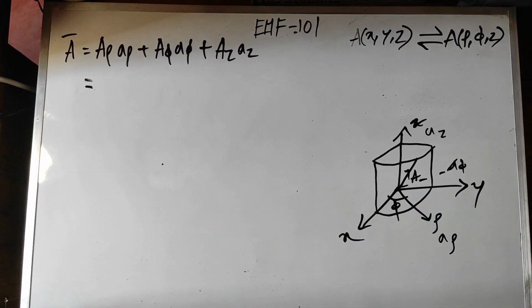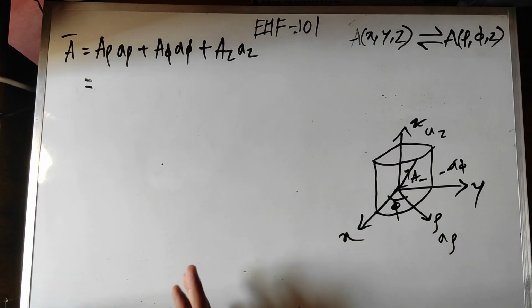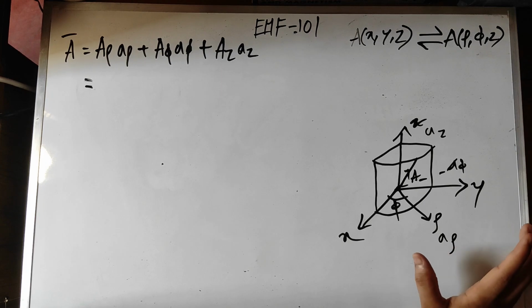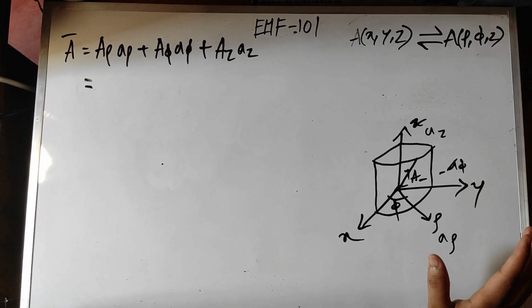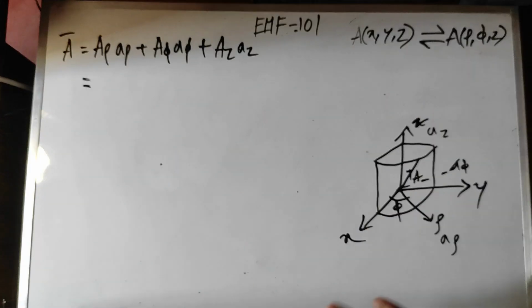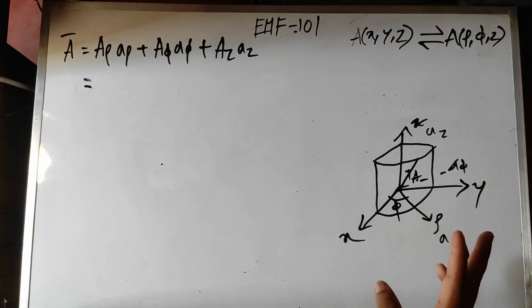From the earlier derivation, or from this diagram, we can easily find the value of aρ in terms of the unit vectors ax, ay, az.